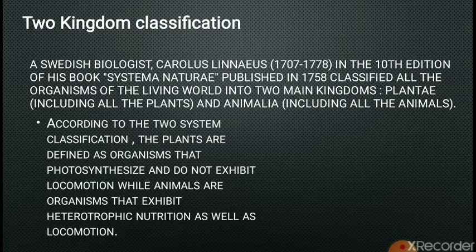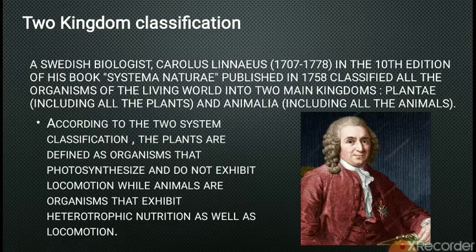He included all the plants in Kingdom Plantae and all the animals in Kingdom Animalia. According to him, plants are organisms that photosynthesize and do not exhibit locomotion, while animals exhibit heterotrophic nutrition and locomote from one place to another.